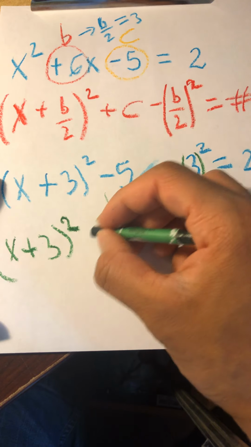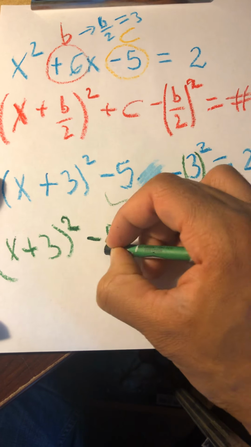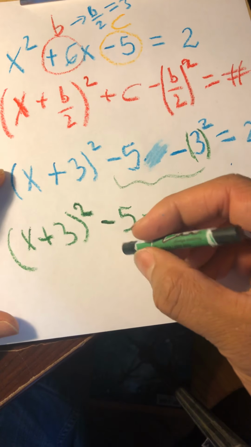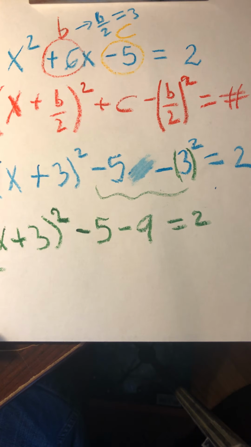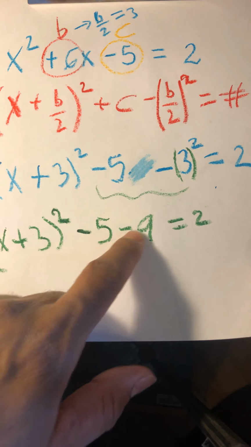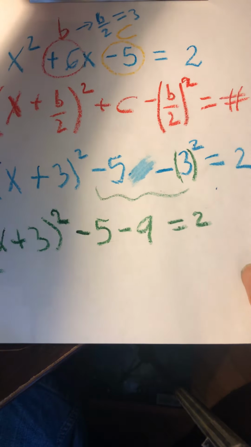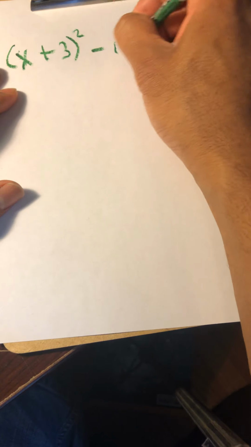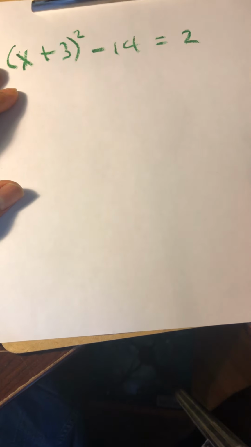So I have x plus 3 squared minus 5 minus 9 equals 2. I want to simplify that, so in essence I have x plus 3 squared minus 14 is equal to 2.